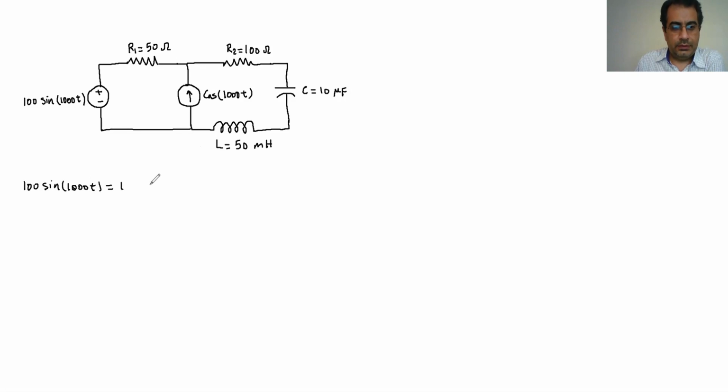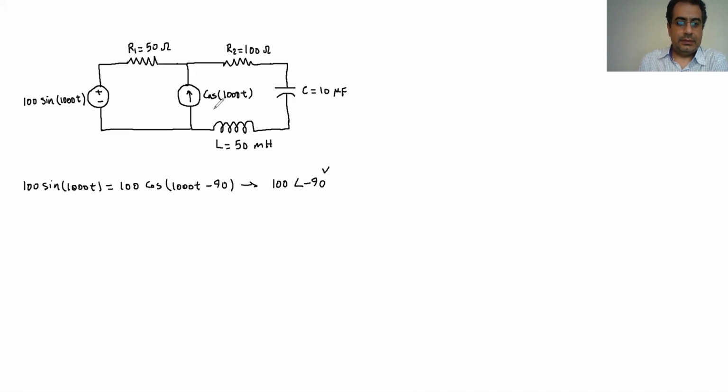So it's going to be 100 cosine 1000t minus 90. If I convert it to phasor, it's going to be 100 with angle of negative 90 degrees, and it's going to be in volts. So it's a voltage that we have.